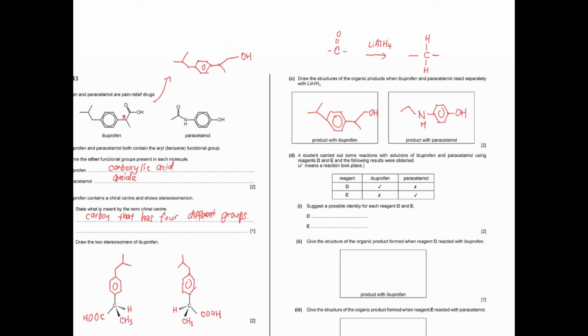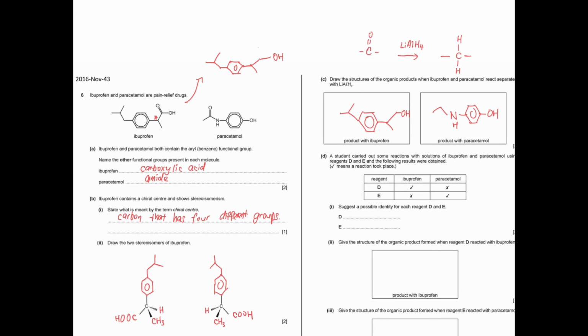Now we look at part D. A student carries out some reactions with solutions of ibuprofen and paracetamol using reagents D and E, and the following results were obtained. A tick means a reaction took place. So for reagent D, we have an unknown reagent here. Ibuprofen reacts, paracetamol does not. So if this is the case, you should think of the carboxylic acid.